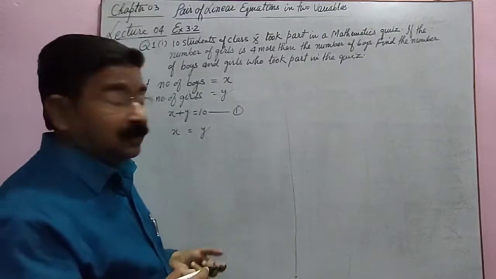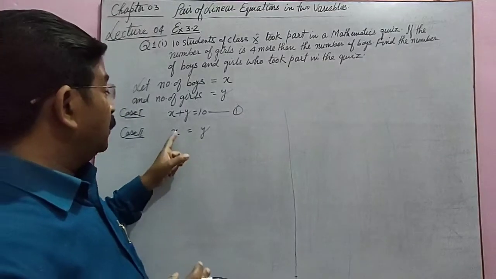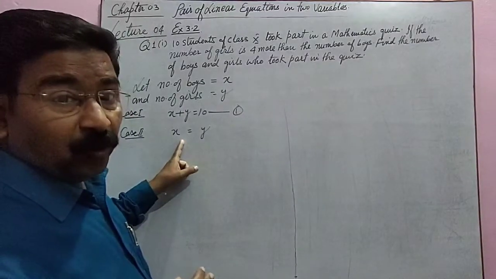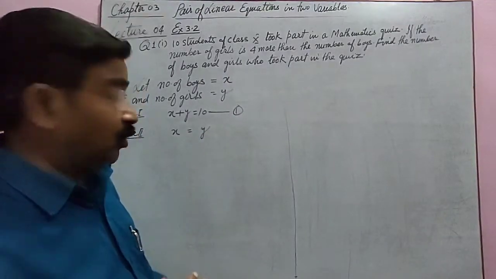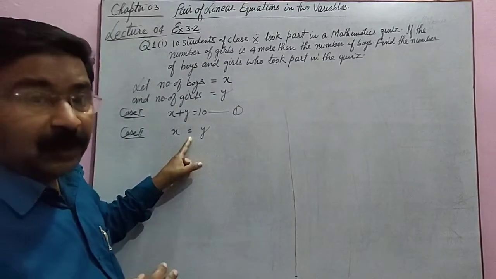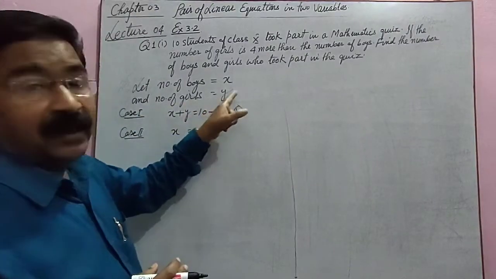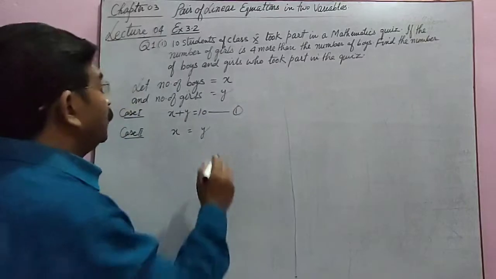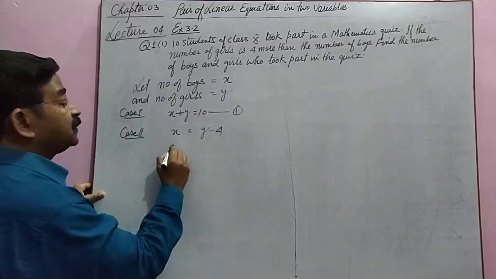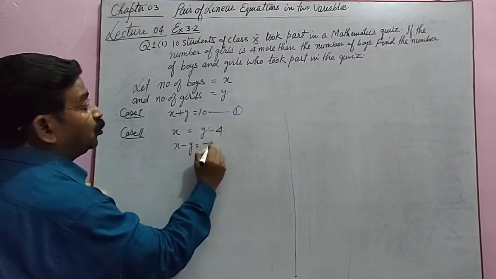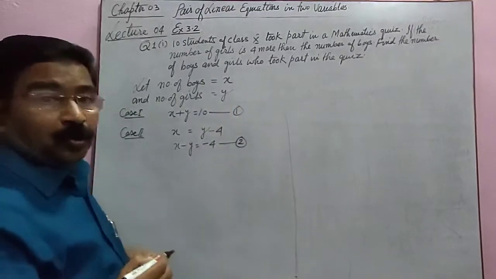In the question, given the number of girls is 4 more, means either we can add 4 to boys or subtract 4 from girls, because girls are more, and I have written an equal sign between them, means we have to equalize. To make them equal, we can subtract 4 from the number of girls. So the equation is x minus y is equal to minus 4. Equation number 2.